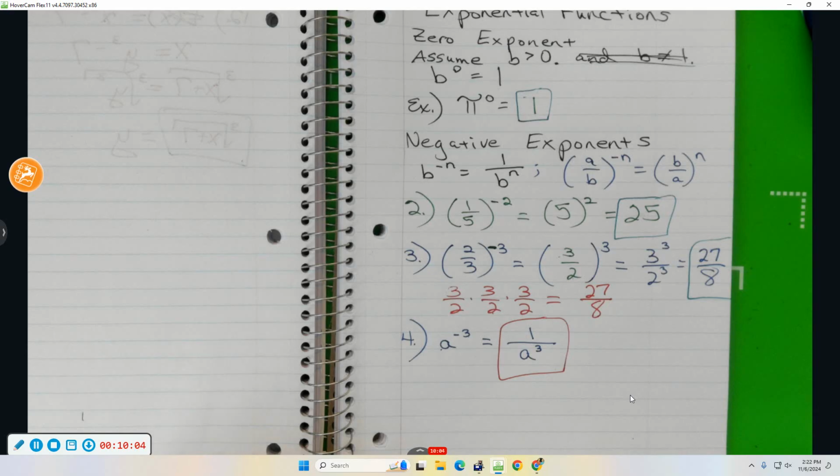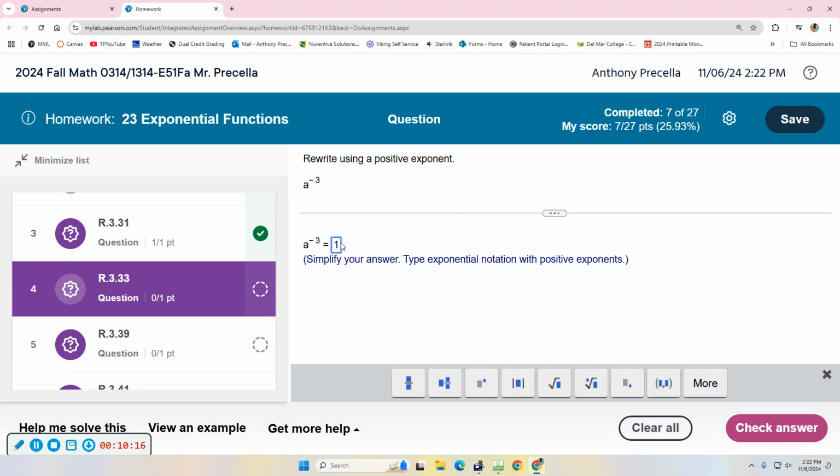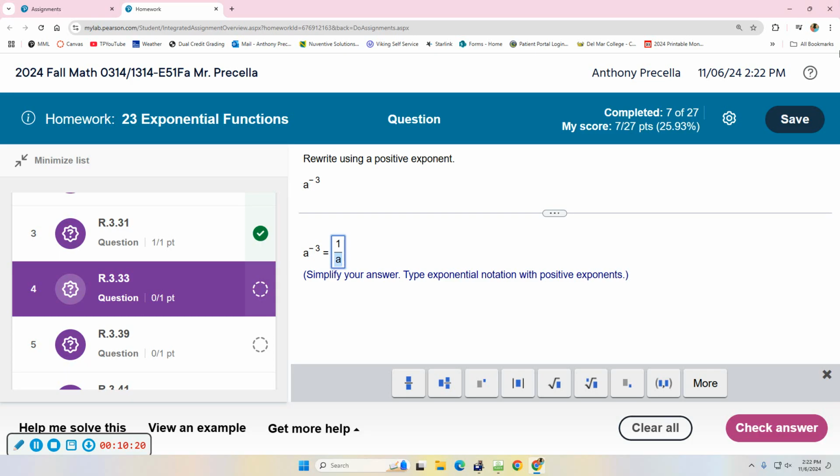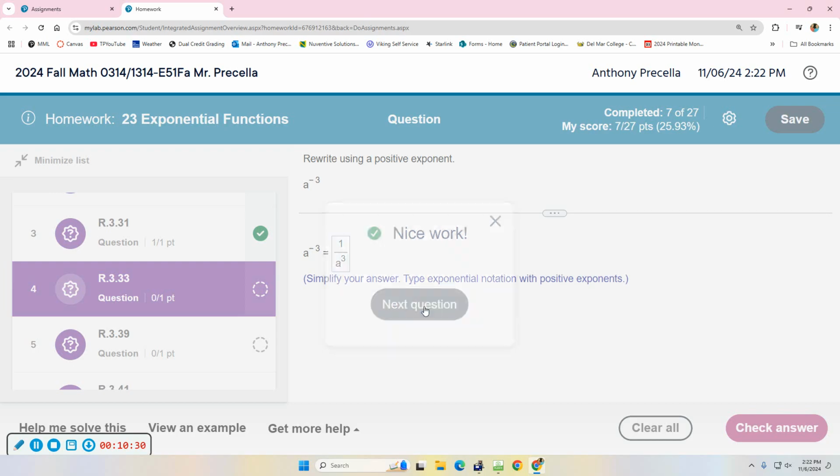Any questions there? You know, in algebra, you always do it one way, then do it in reverse. So we type in 1 over a raised to the third power. Next.